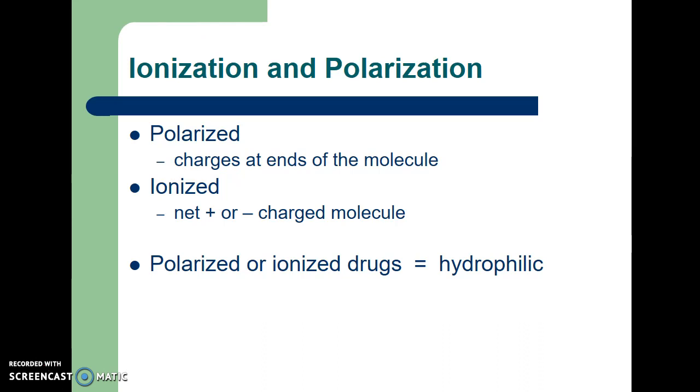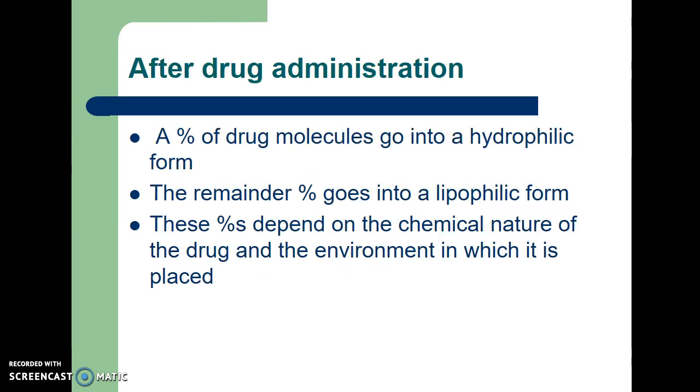Basically what you need to remember is if it's charged or has charges on the end, it is a hydrophilic molecule. If it is non-ionized, does not have a net charge, or does not have charges on the end, non-polarized, it is lipophilic. It has that particular property to it.